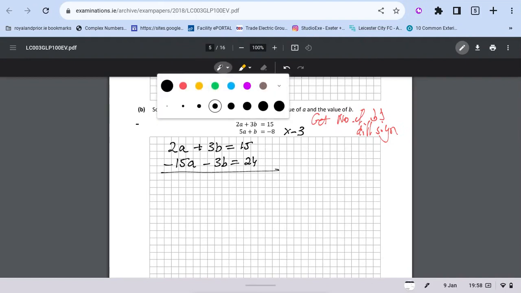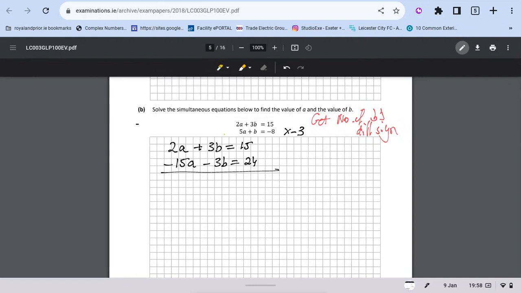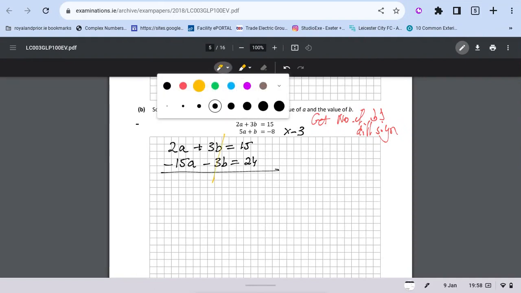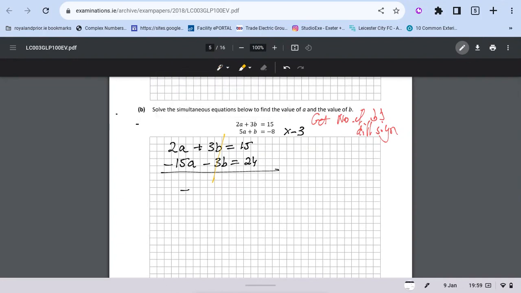As you can see there now, my b's go. And then how many a's have I got? 2a minus 15a is minus 13a is equal to 39. And then a is 39 over minus 13. A is minus 3. Once I have my a now, fill it into any of the lines. I generally just go up to the top.